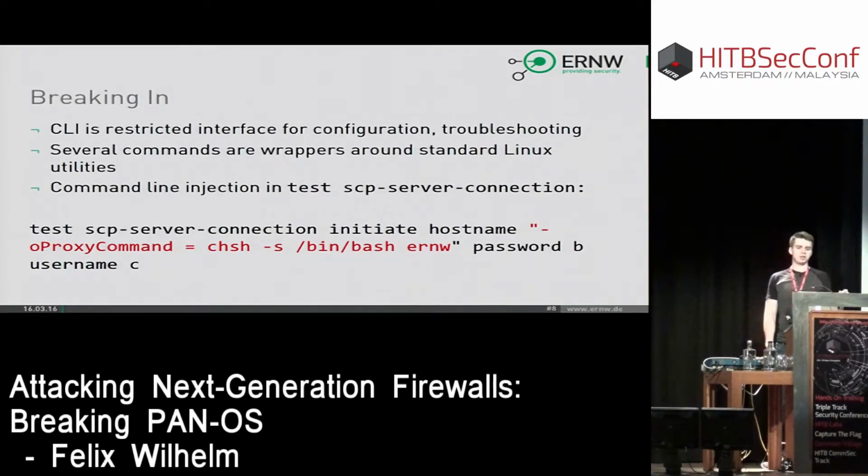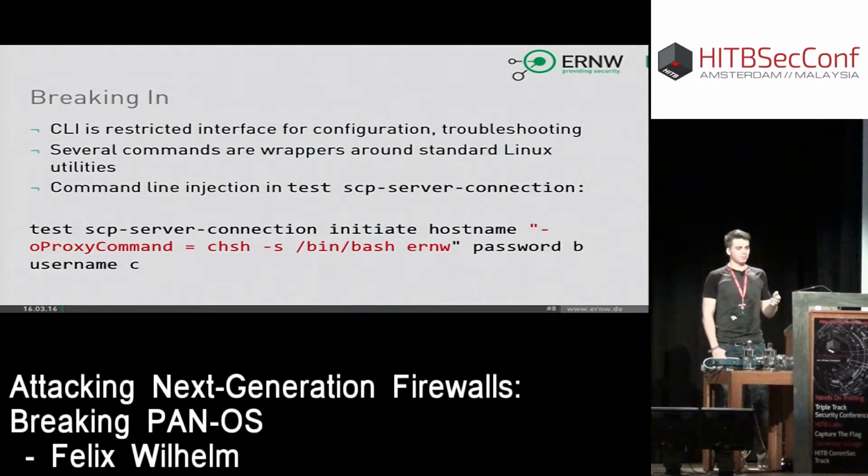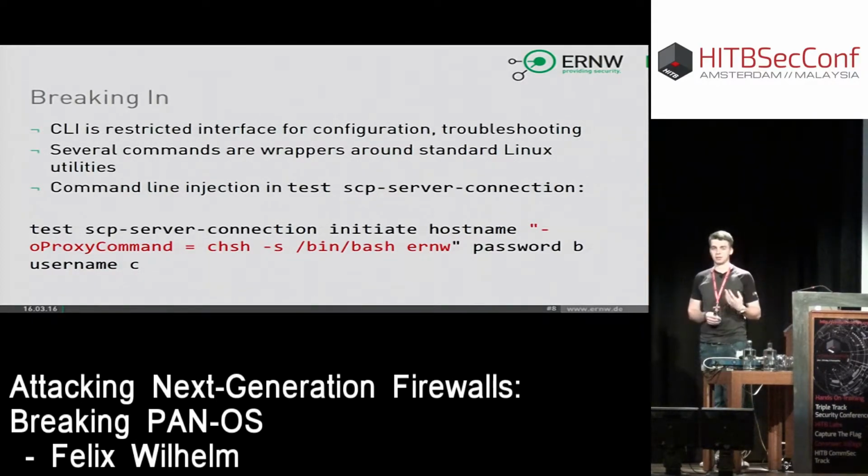You look at the command line interface, which is a really restricted interface that can be used for configuration and troubleshooting. But it mostly works by using small wrappers around standard Linux utilities.